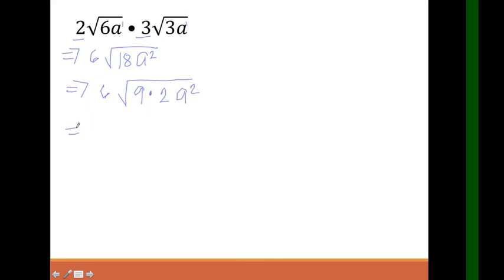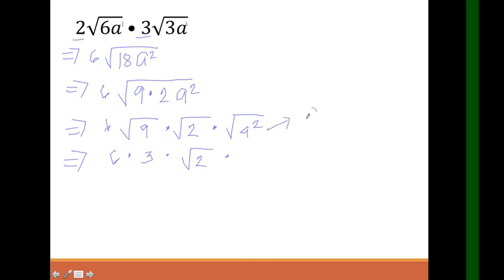Pwede kong i-separate lahat yan para mas madali sa akin ang pag-determine ng final answer ko. So, after ko ma-separate lahat yan, what is the square root of 9? That's 3. What's the square root of 2? Square root of 2. What's the square root of a squared? This square root of a squared is also the same as a raised to 2 over 2.